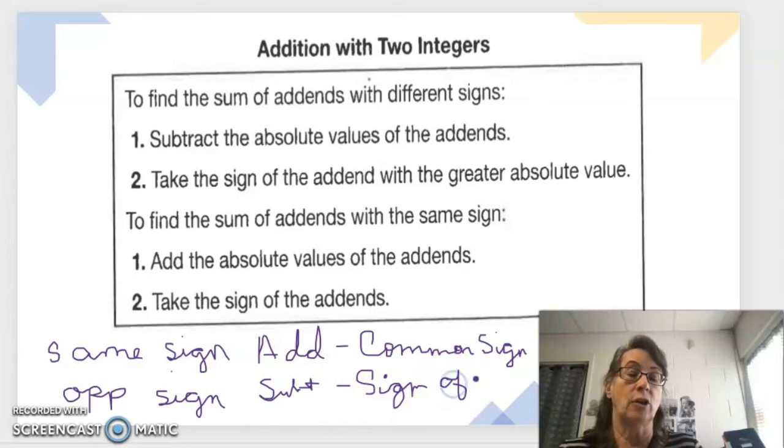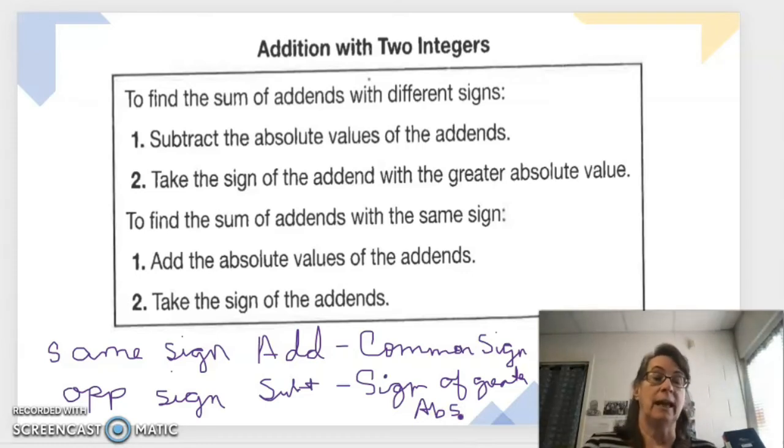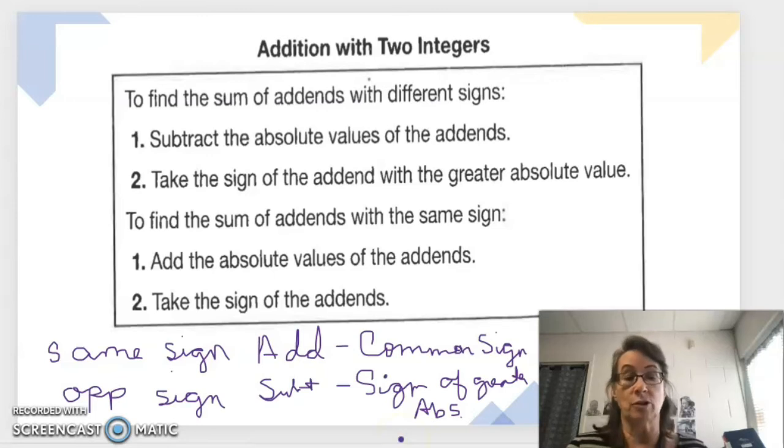Sign of greater absolute value. Okay, so like I say, this is like a tug-of-war. If you were seeing all these people lined up on both sides, and you had this big giant on one side, then that team's probably going to win, right? Especially if it's just a tug-of-war of two and one of them's a giant, he's going to win. So the greater absolute value number is going to pull harder in its direction. So we take that sign.